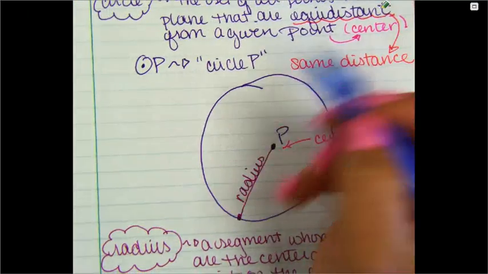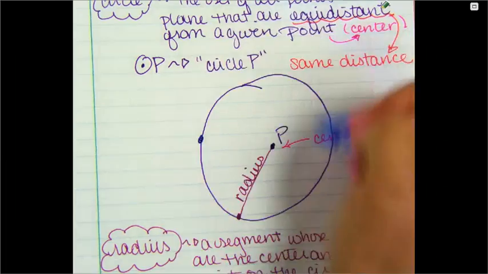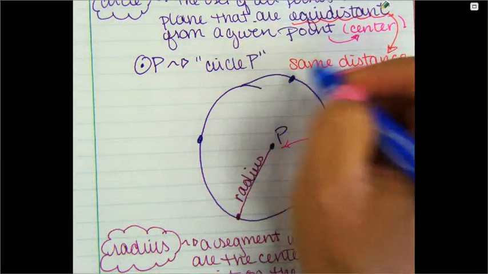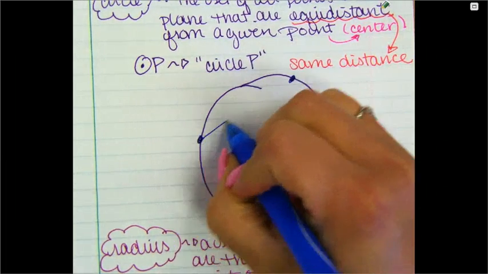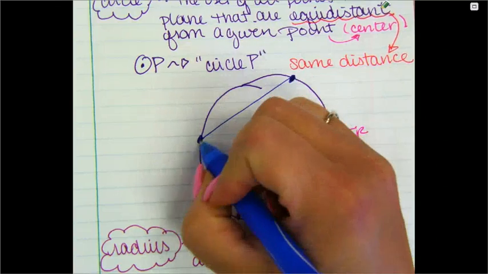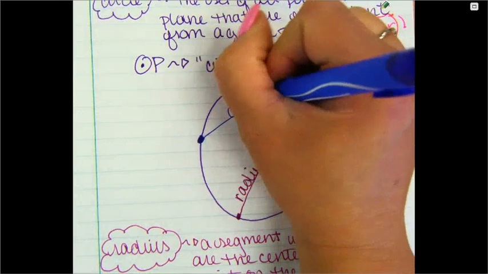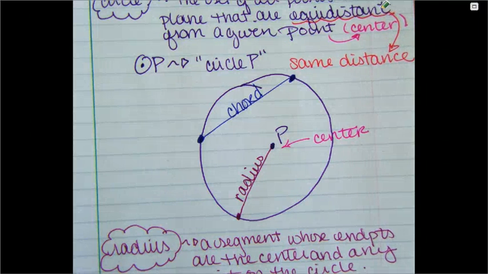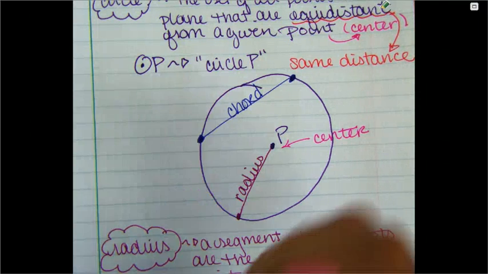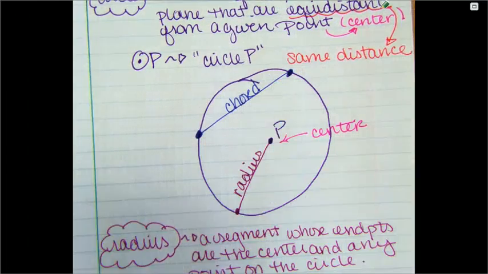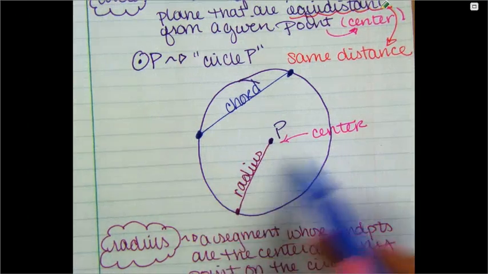Back up to the circle. So from here to any other point on the circle, we'll go from here to here. We'll call this a chord. It could be long. It could be super small. It could be anywhere. I could go across here. It doesn't matter.